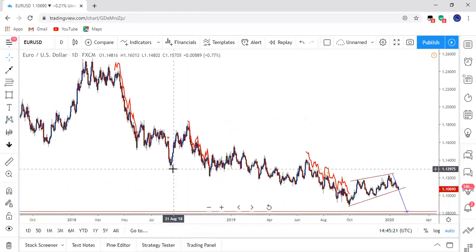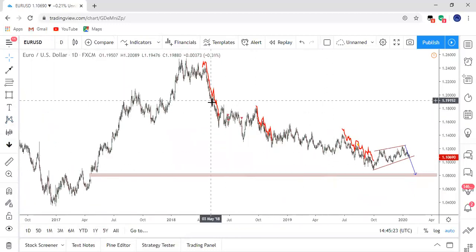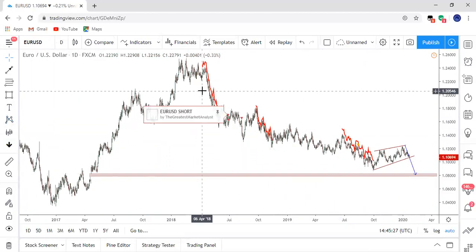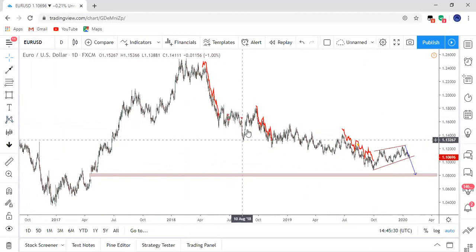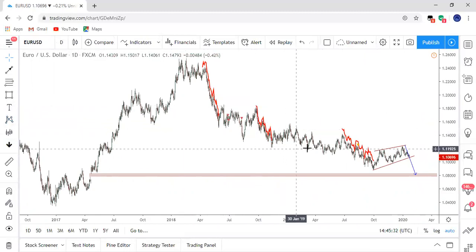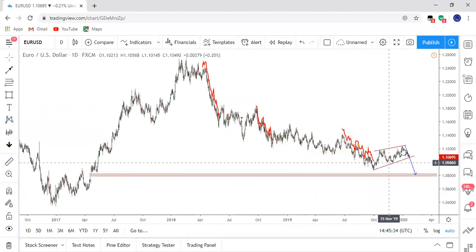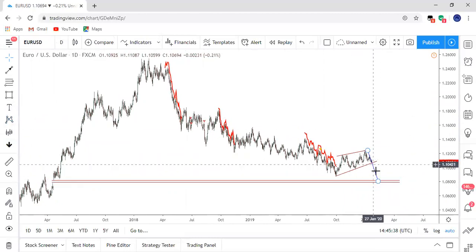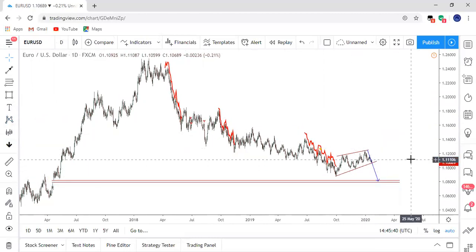These are like strong 1, 2, 3 drops, right? So from here we have this 1, 2, 3, 4, 5, 6, and then we have 7 coming down here. Then after 7, going up, bullish.